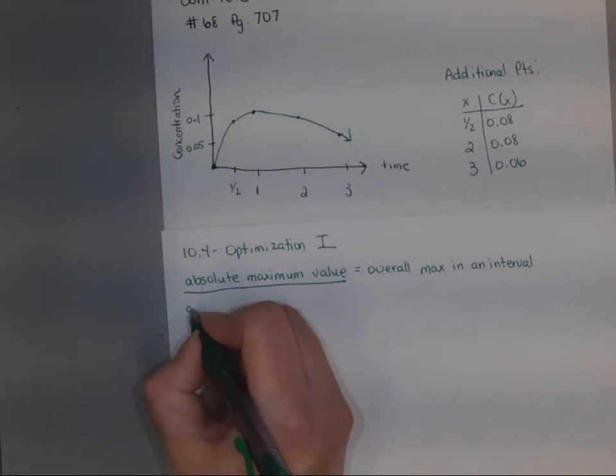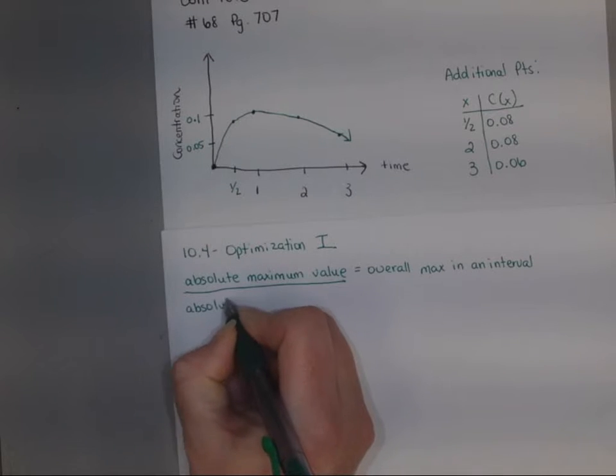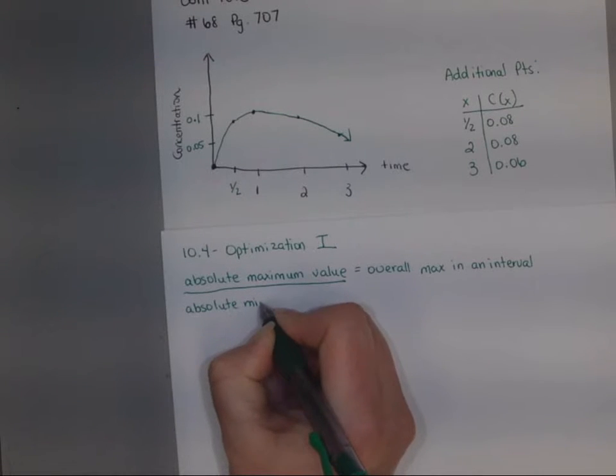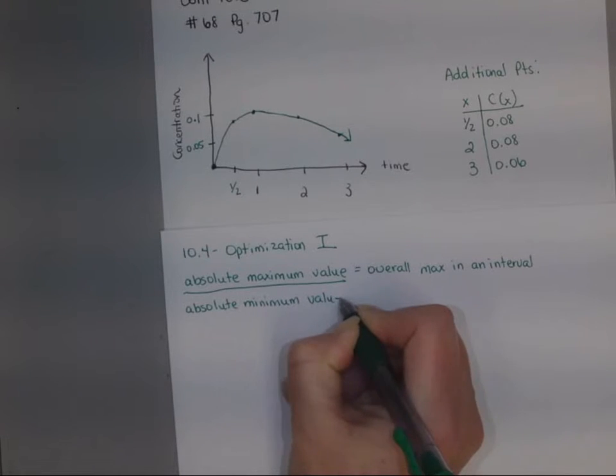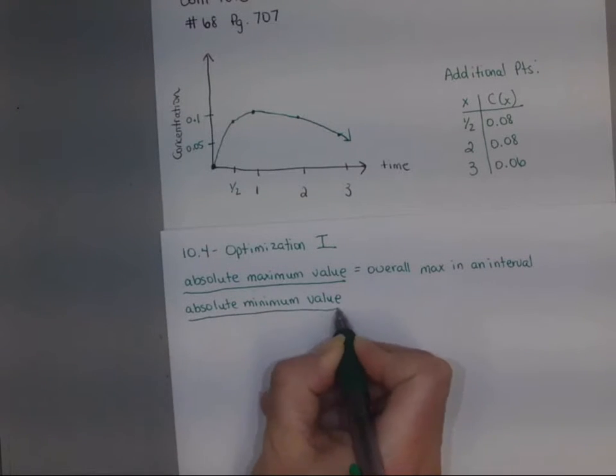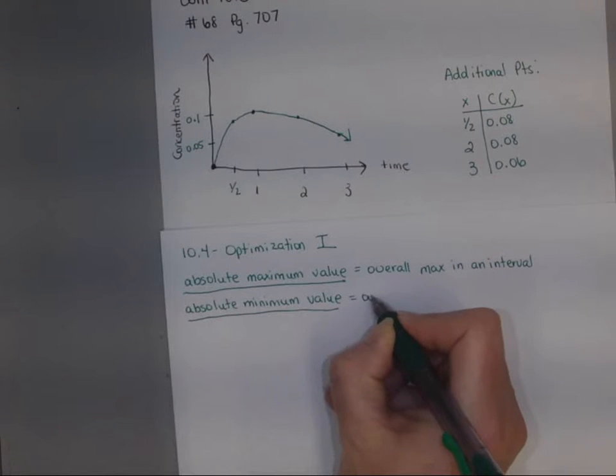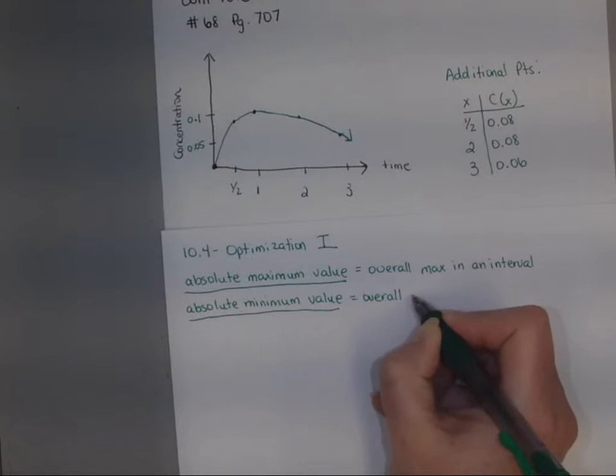And then of course we're going to have the absolute min. So while we can have multiple relative maxes and mins, we will only have one absolute max or min in an interval. There can only be one winner kind of thing.